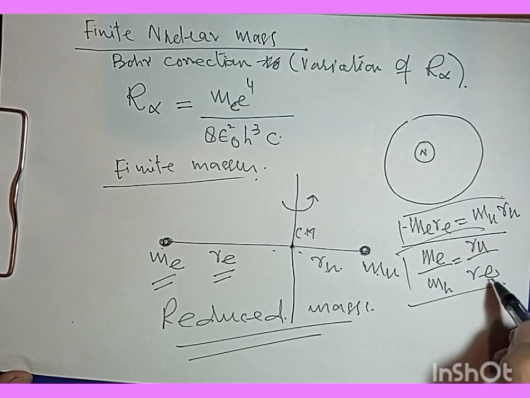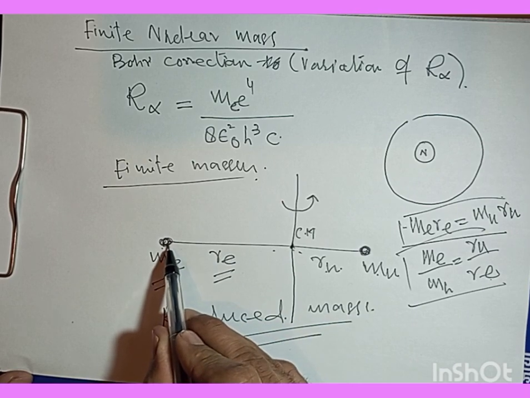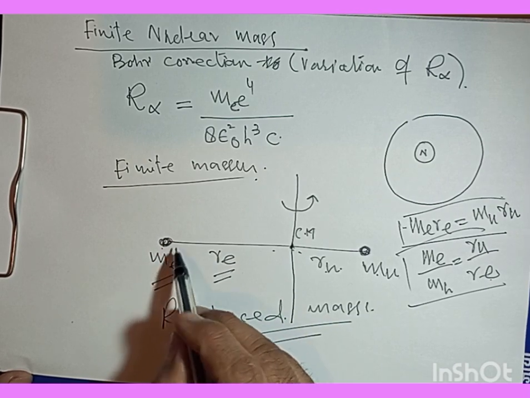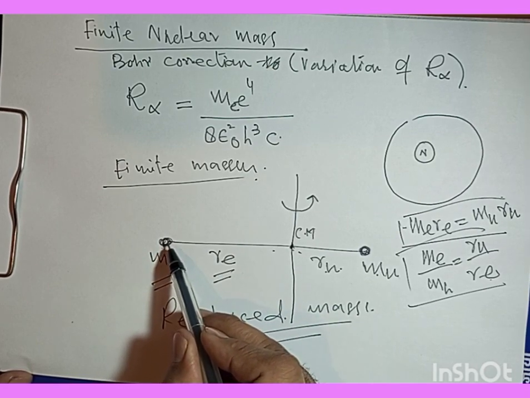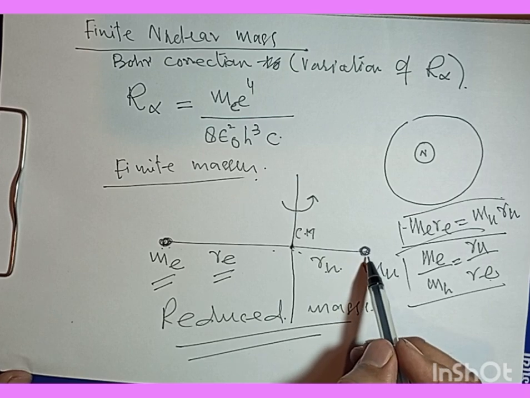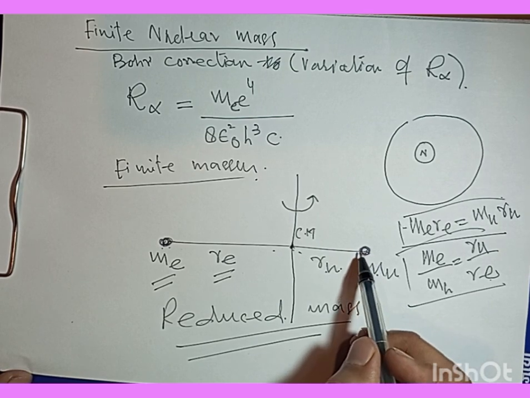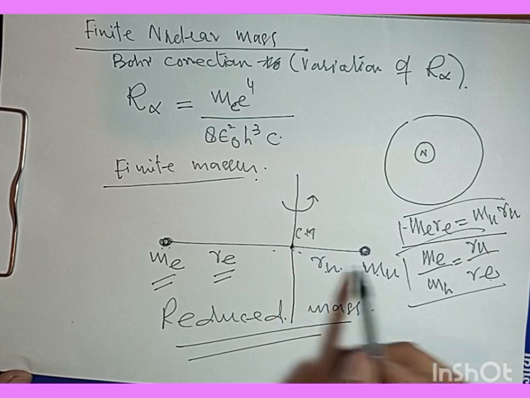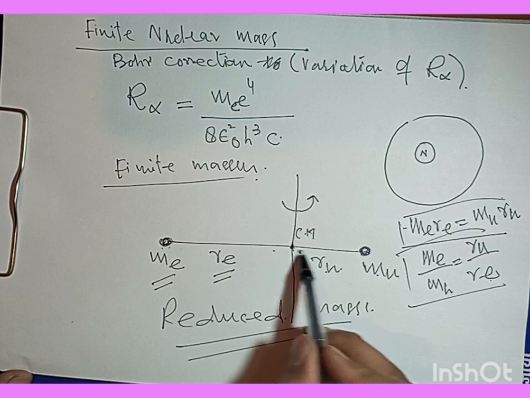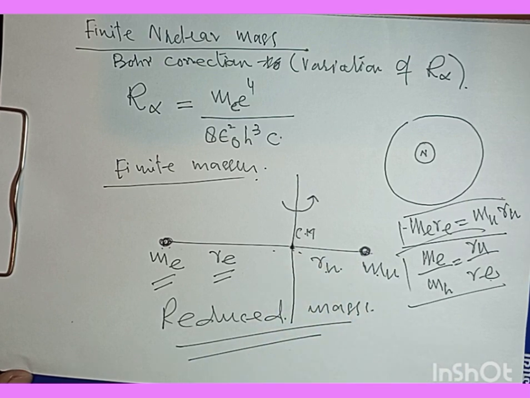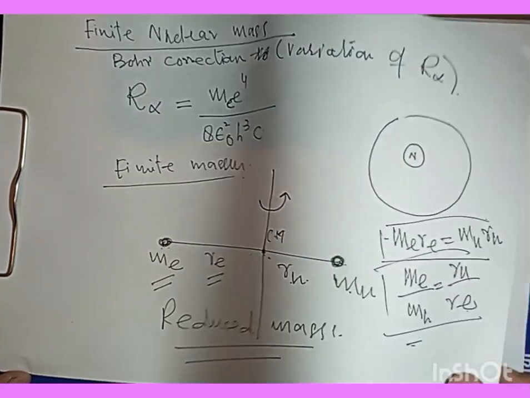So this r will be farther from the particle if the mass of this particle is small, and if the mass of the nucleus is large, then owing to this relation, the separation from center of mass to the nucleus will be small.